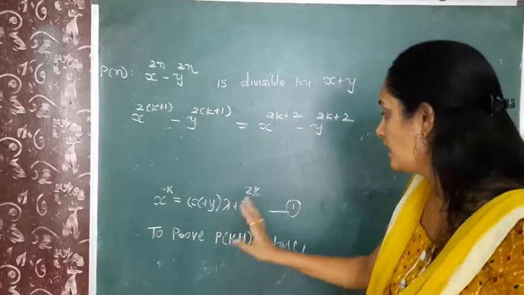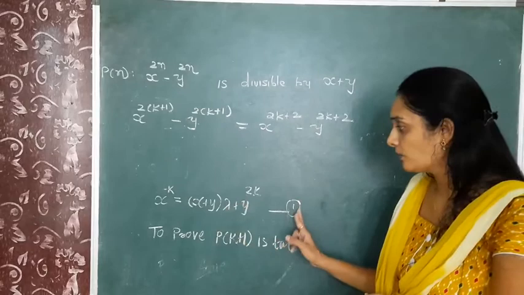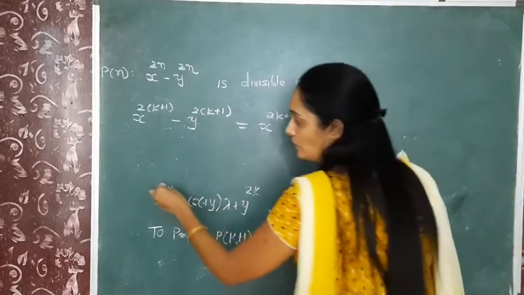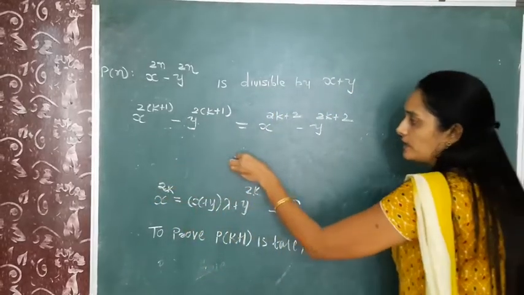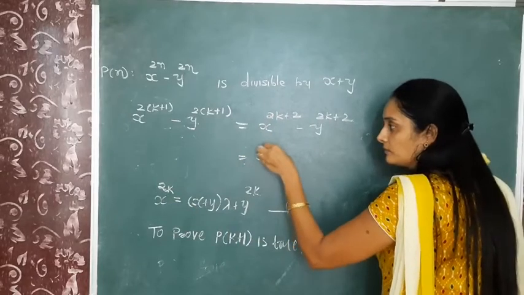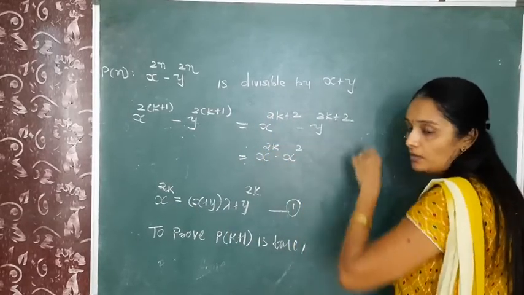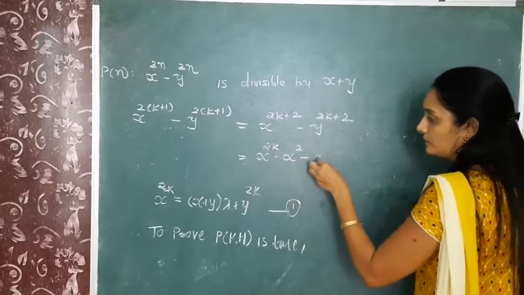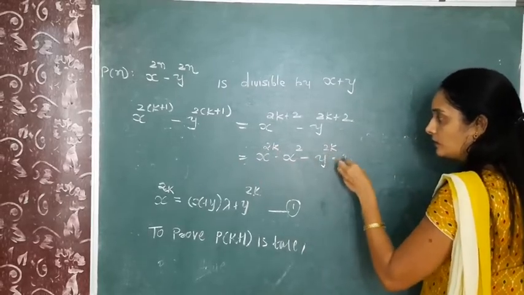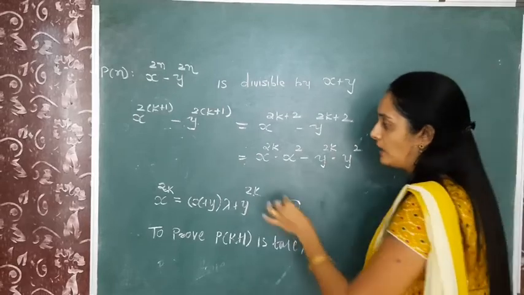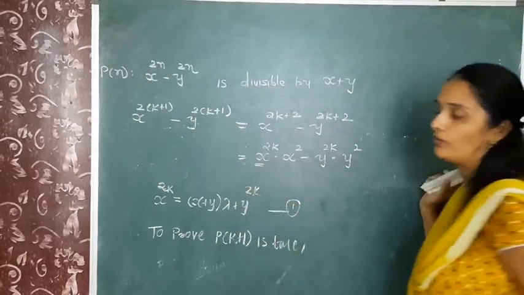And as we see in result number 1, we have the value of x raised to 2k. So I can split this term. You already learned the chapter power and exponent. And now we can replace the value of x raised to 2k from 1.